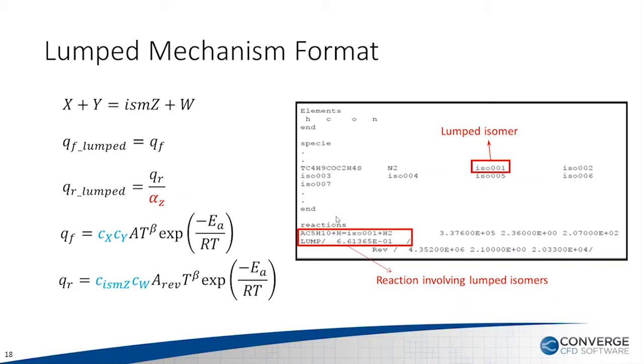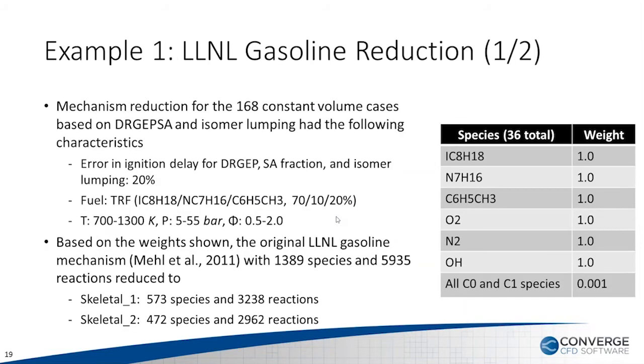In the reaction, the species in the isomer group are replaced with the group name. You can see here it's ISO 01. And there's a keyword after the reaction called lump, and there's the alpha factor. Basically, this factor is used for the reaction calculation, shown on the left. When you calculate the rate of the lumped reactions, you need to divide by this factor.